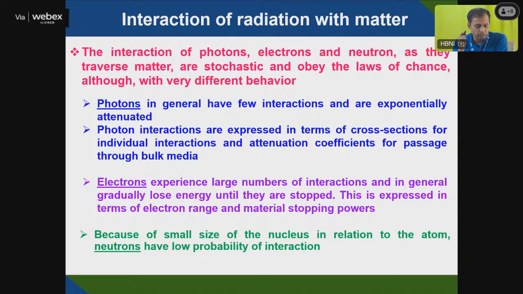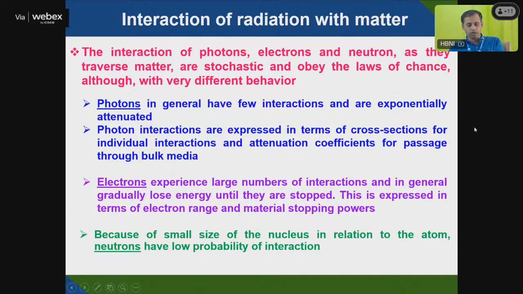In the case of a photon, there are generally few interactions, and it mostly follows the exponential e to the power minus mu x. Photon interaction is expressed in terms of cross section. When we discuss neutron diffraction and neutron scattering, we'll see how important this cross section is.